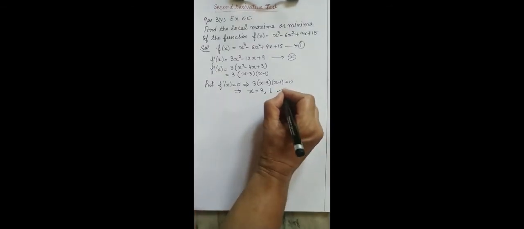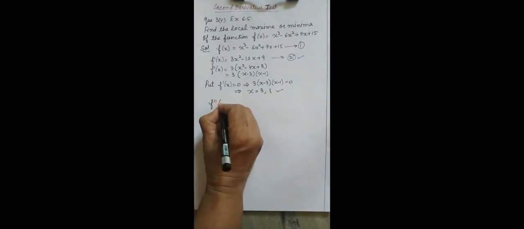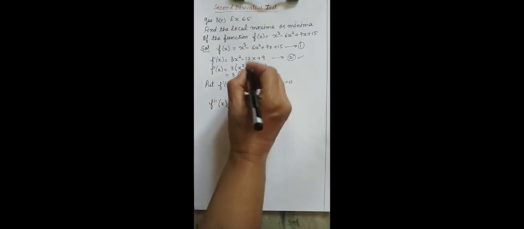Now I have obtained 2 critical points in this question. For applying the second derivative test, I have to find the double derivative of f(x) also. For this, I will differentiate 2 with respect to x. So double derivative will be 6x minus 12.